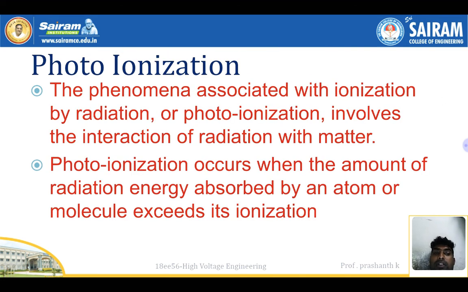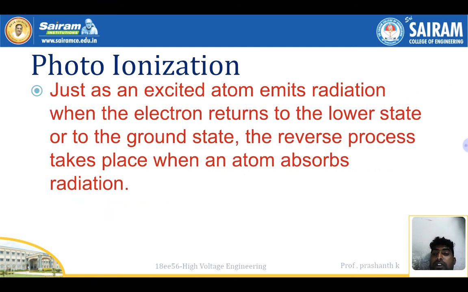Photoionization is the phenomenon associated with ionization by radiation. It involves the interaction of radiation with matter. Photoionization occurs when the radiation energy absorbed by an atom or molecule exceeds its ionization energy.